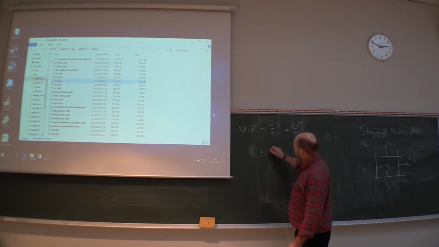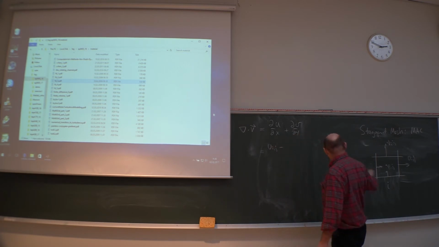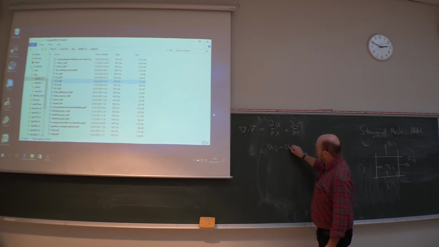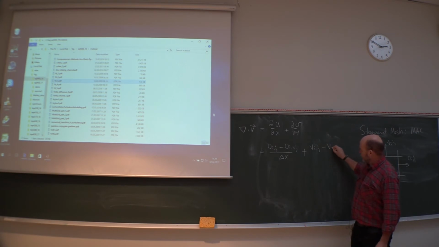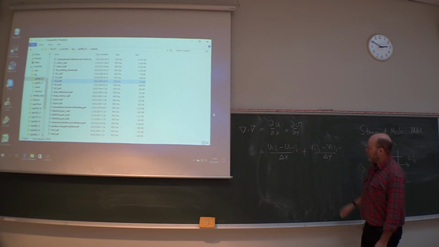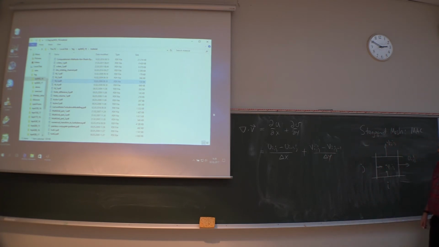The x derivative will now be U_ij minus the one to the left, U_i minus 1,j, divided by delta x, plus V_ij on the top minus the one below, j minus 1, divided by delta y. So for the divergence, I can focus on one cell. That's okay.